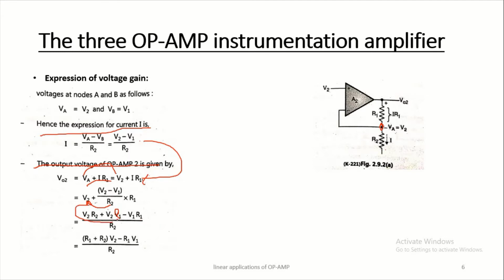From the first two terms, take V2 common, so V2 times (R1 plus R2) minus R1 V1, whole divided by R2. This is the equation for the output of op-amp 2.